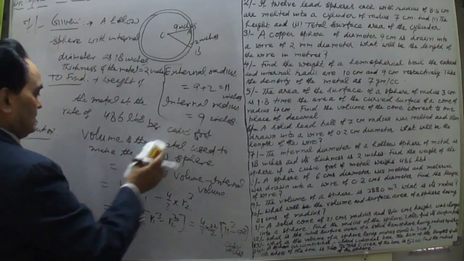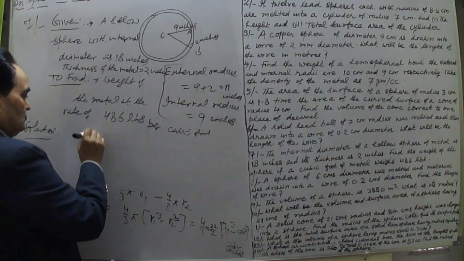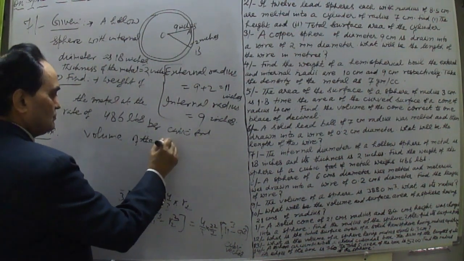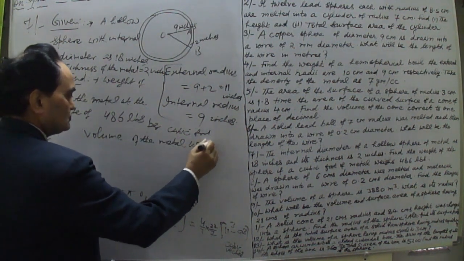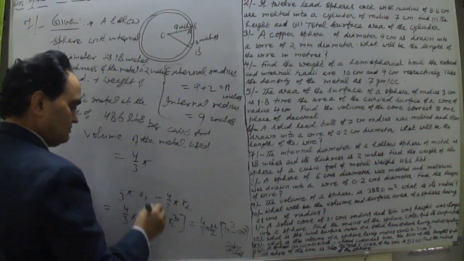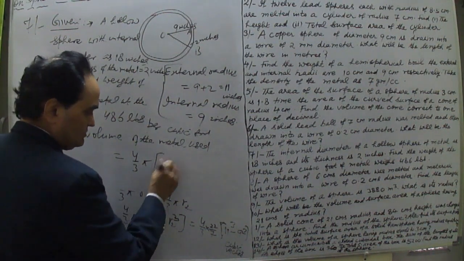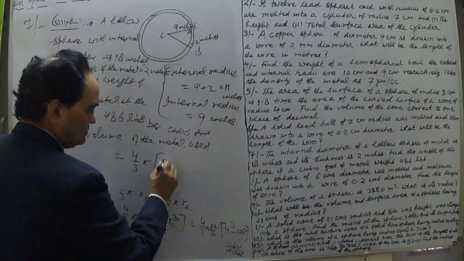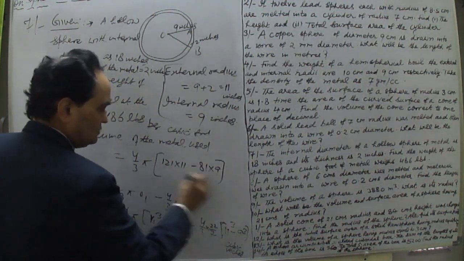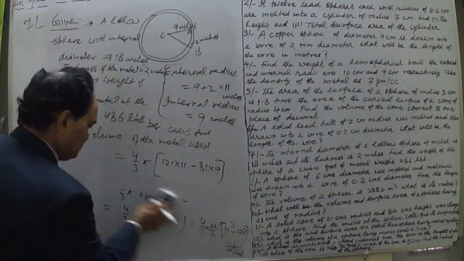Now let me calculate it here. First we are calculating the volume of the metal used. Volume of the metal used is equal to 4 by 3 pi, and now R1 cube is 11 cube. 11 cube means 121 into 11, minus 81 into 9.